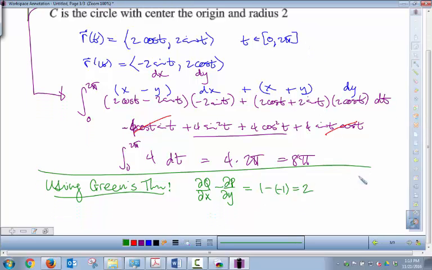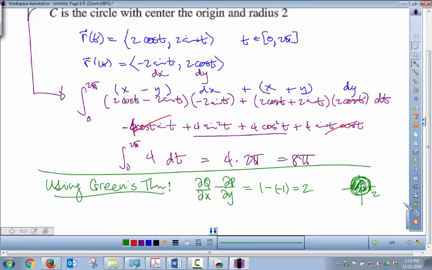And now the region is a circle of radius 2, right? This is the inside. And so for this one, I'd rather go straight into polar coordinates and say r is going to go from 0 to 2, and theta is going to go from 0 to 2 pi.